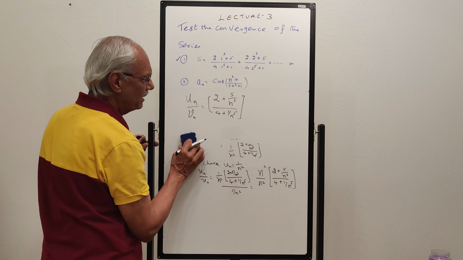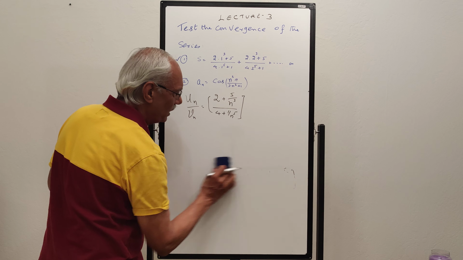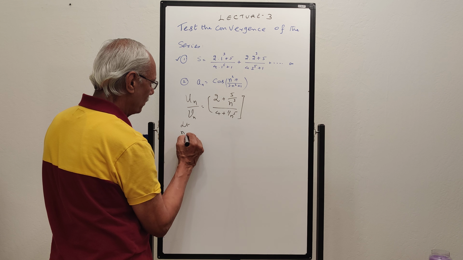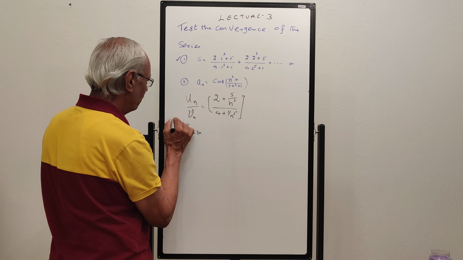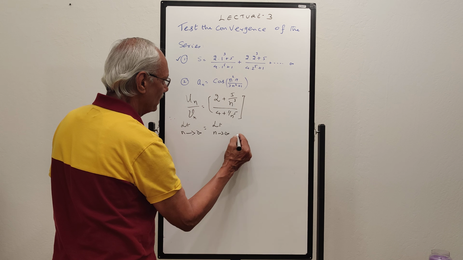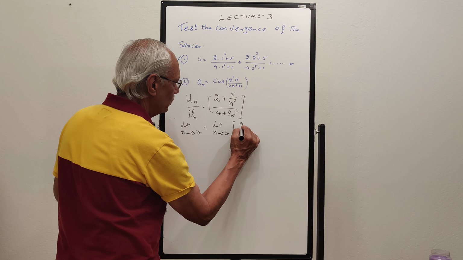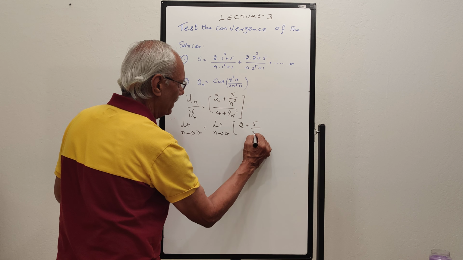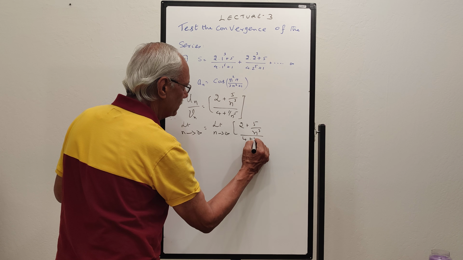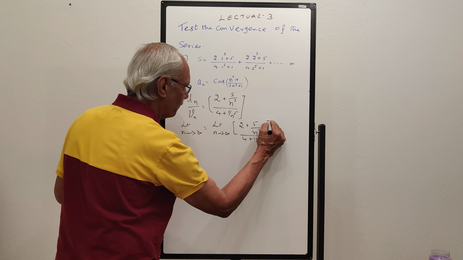Now take n tending to infinity: the limit as n tends to infinity of 2 plus 5 by n cubed divided by 4 plus 1 by n to the power of 5.